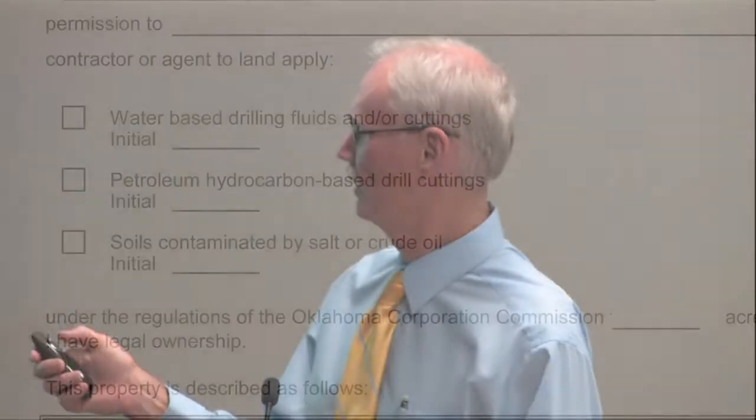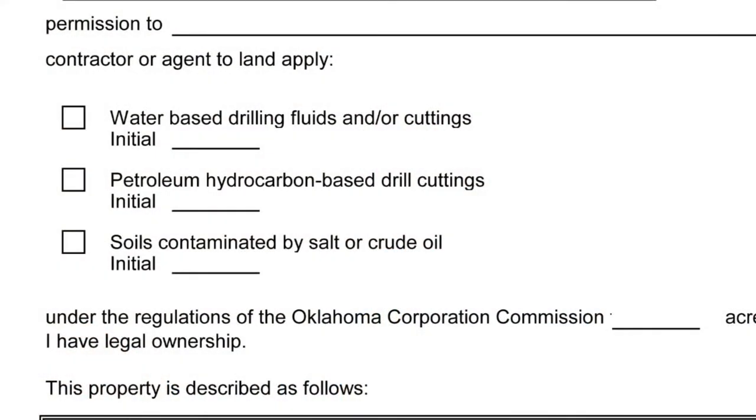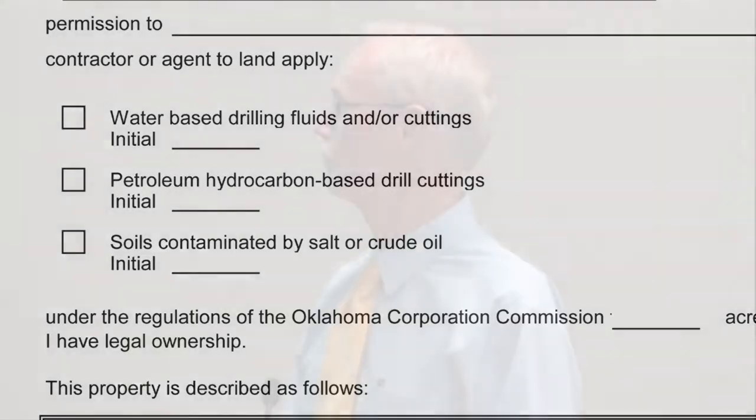So you have to understand what's on there. If you want water-based mud, you would check here and initial it. If you want oil-based mud, do the same thing, check and initial. And if you want soils that have been contaminated by salt or crude oil, then you check there.